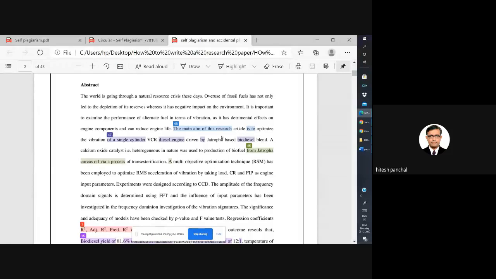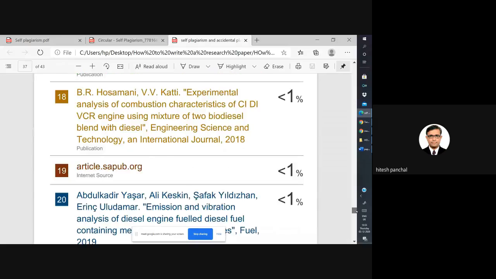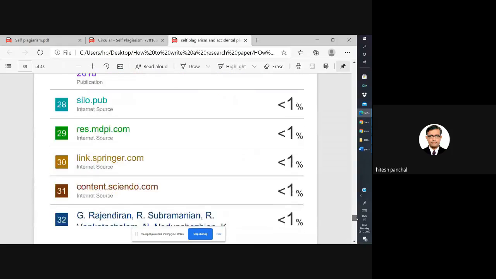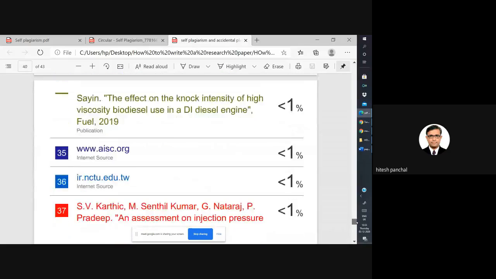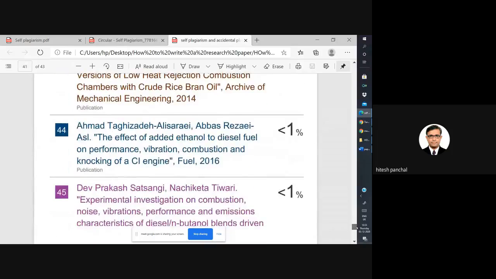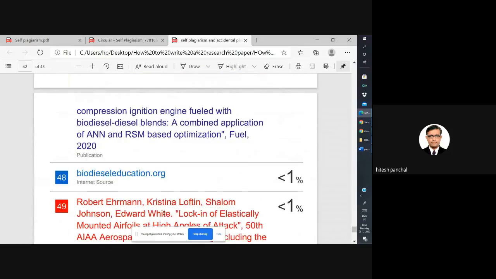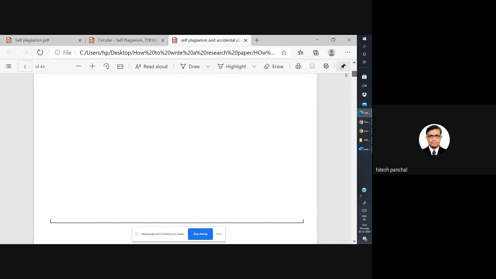This kind of work has already been added by reference number 48. You can see reference number 48 here. Here, biodiesel education, actually we don't know. So this is called accidental plagiarism.